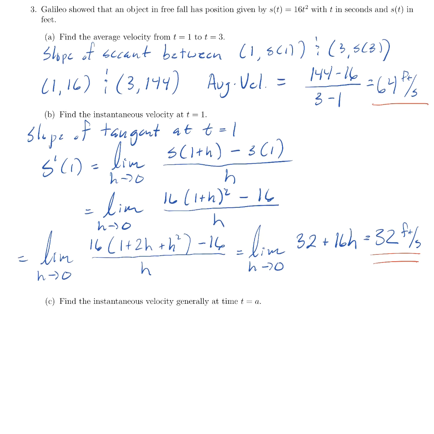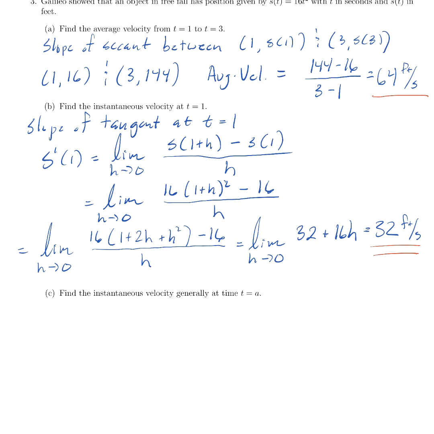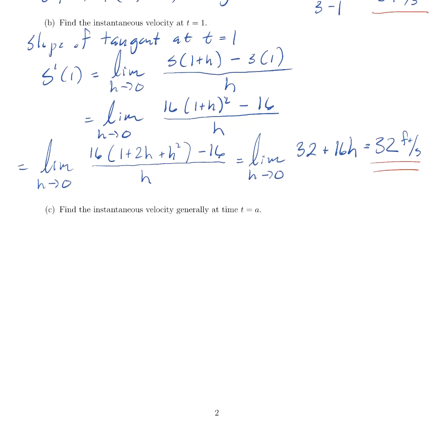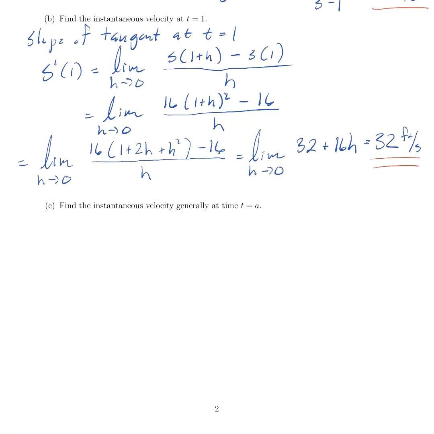So here we need the derivative, s prime at 1, and that's the limit as h approaches 0 of s of 1 plus h minus s of 1. This example works out similar to the first one above. We can just do some algebra to eliminate the h in the denominator. We can evaluate that limit and get 32 feet per second. Okay, the last question asks to find the instantaneous velocity generally at time t equals a. Okay, so that means we want to look at the slope of the tangent line.